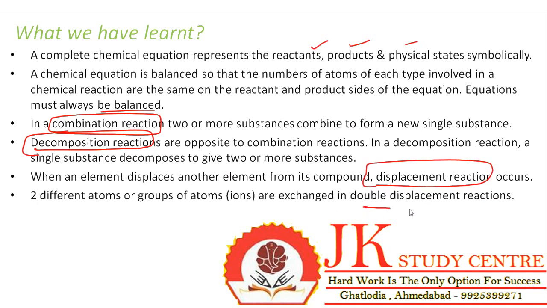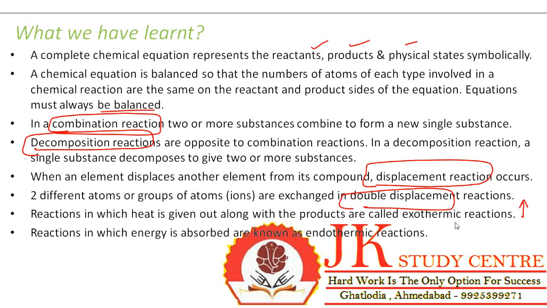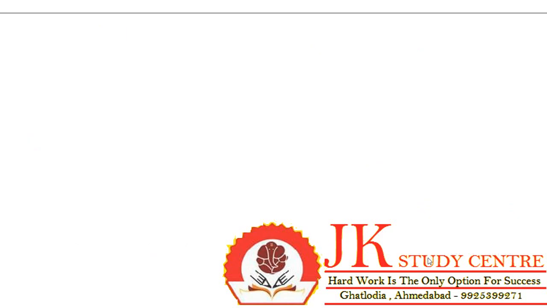In double displacement both the elements swap, right? The reaction where heat is given out is called exothermic. The reaction that requires heat is called endothermic, right? We have also learned that oxidation is the process of gaining oxygen or losing hydrogen, and reduction is the reverse process of losing oxygen or gaining hydrogen. That's what we have. Thank you.